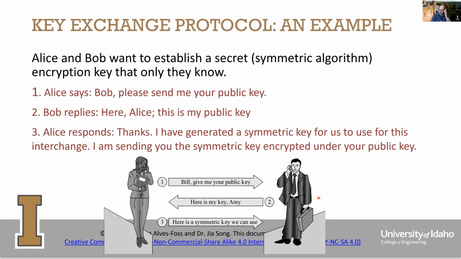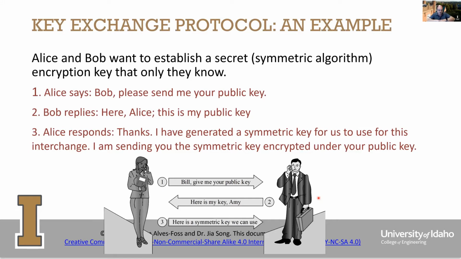Alice responds, thanks. I now have generated a symmetric key, a secret key for us to use in our communication. I will encrypt it with your public key and send it to you. You're the only person in the world who can decrypt that message, even though everybody knows how to send you a secret message using your public key. You're the only one who can read it.